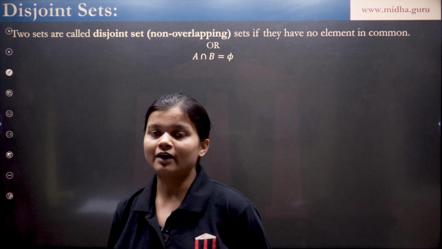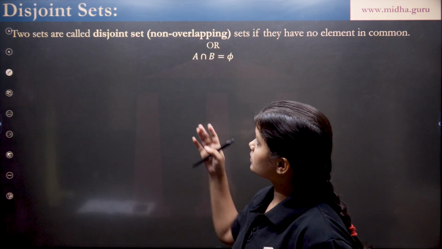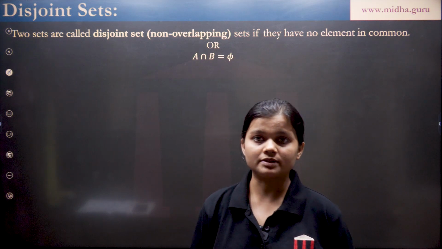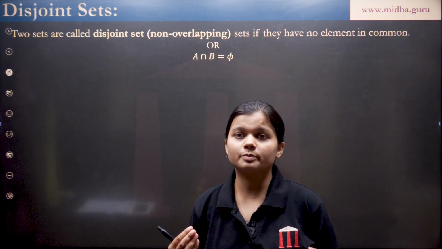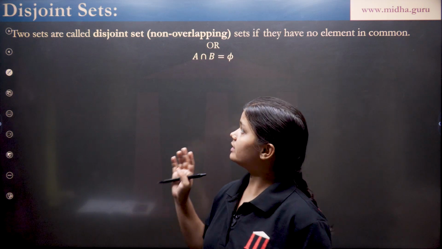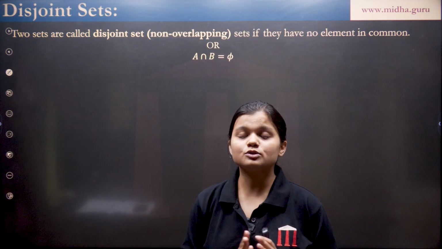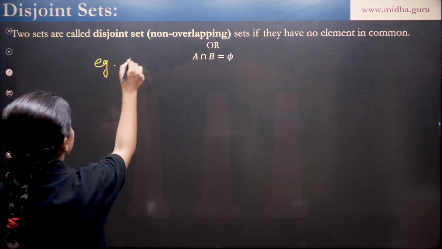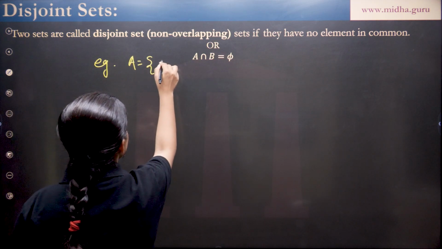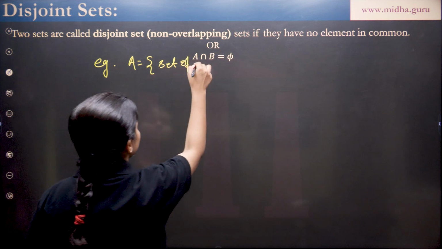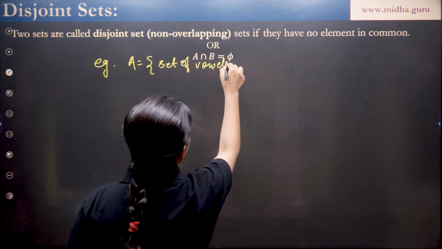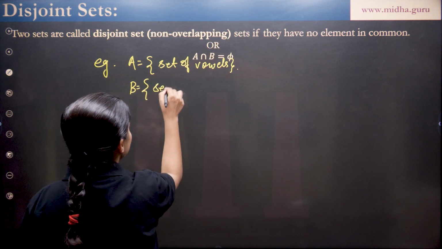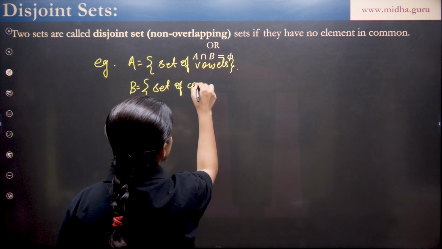overlapping. After overlapping sets there is one more type, which is disjoint sets. This is just the opposite of overlapping sets. In overlapping sets there should be at least one common element, but in disjoint sets there is no element in common. Let's say for example there is a set A which is the set of vowels, and another set B which is the set of consonants.